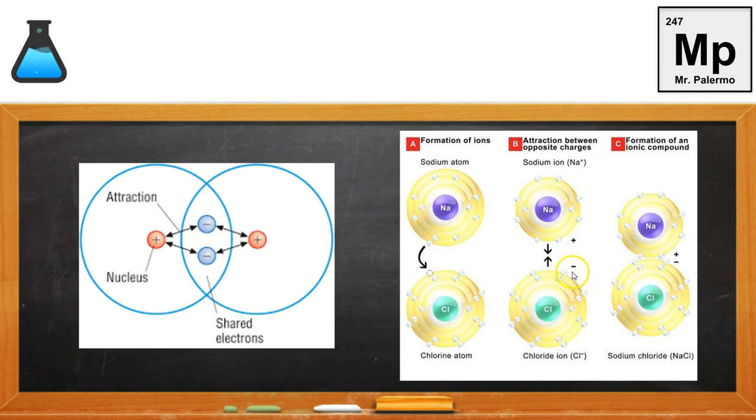It has gained an electron, so now it has a negative charge. Sodium lost an electron, and now it has a positive charge. So instead of sharing, this transfer of electrons creates a positive and negative charge, and then we have an electrostatic attraction between the two. The positive ion attracts to the negative ion.